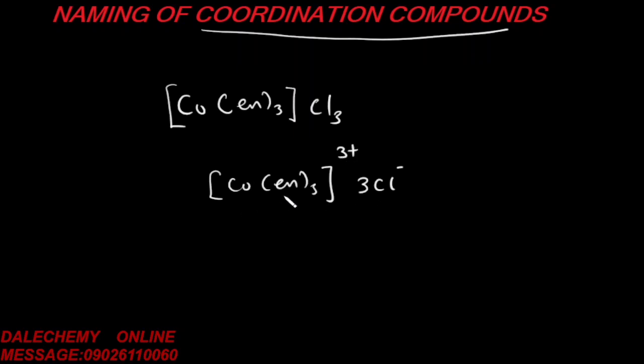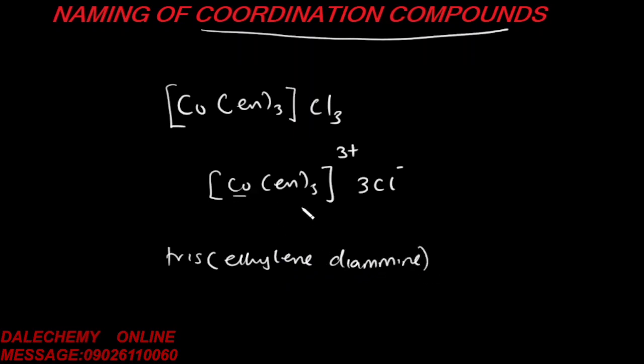Now you have to name the ligand first before you name the metal. So en is abbreviated as ethylenediamine. That's the ligand, and we have 3 of them. So instead of calling it tri, you rather say tris, as I wrote it the other time: tris(ethylenediamine).